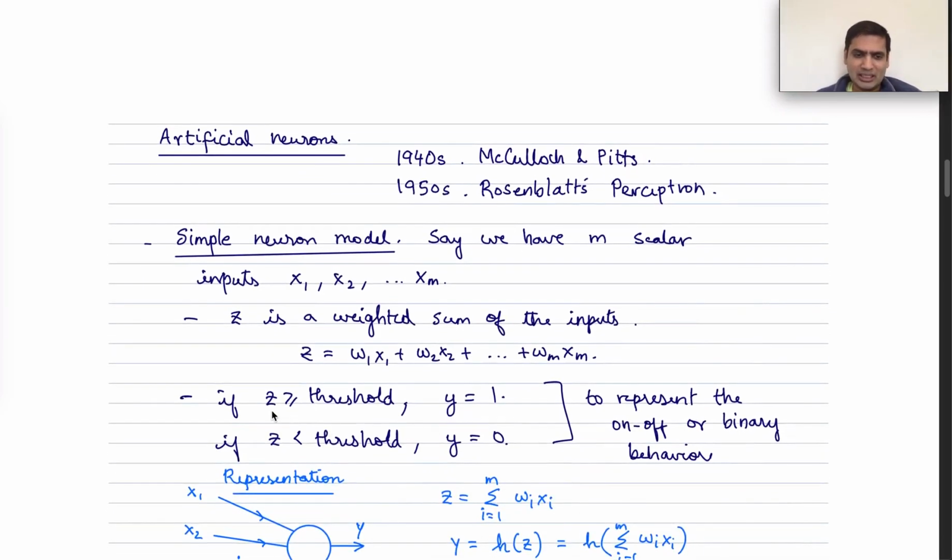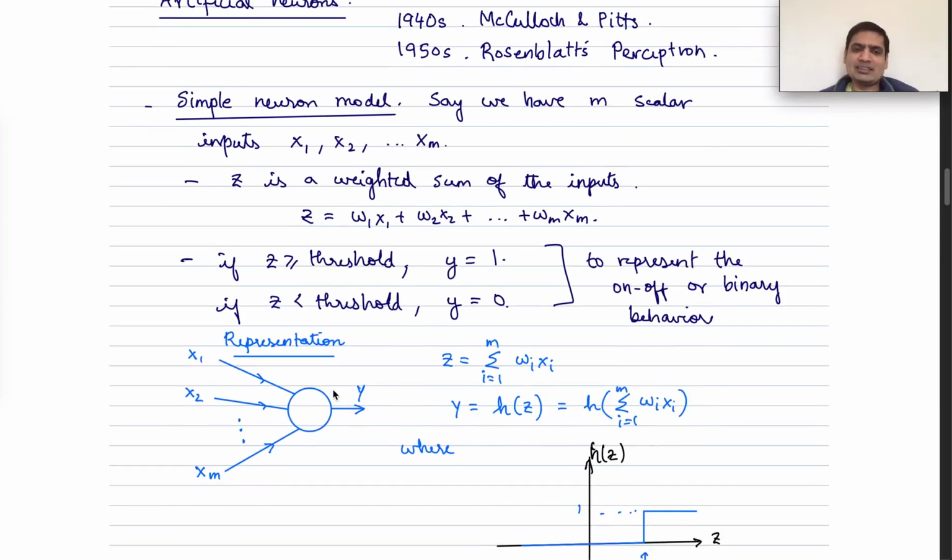Okay, so that's Z, and then we say if Z is greater than some threshold, Y equals 1. If Z is less than some threshold, Y equals 0, where Y is the output of the neuron. The X's are the inputs, and Y is the output. There's one scalar output, and there are m scalar inputs.